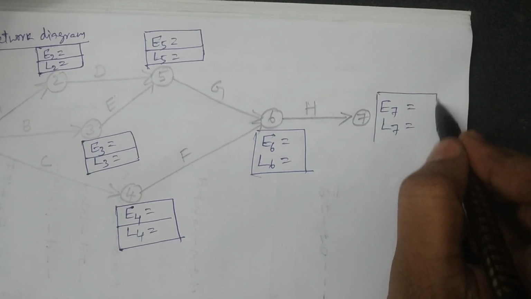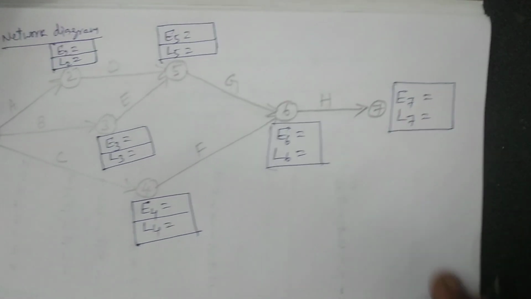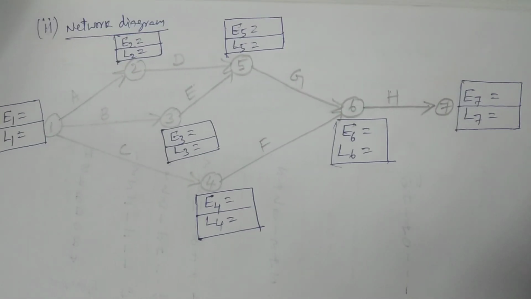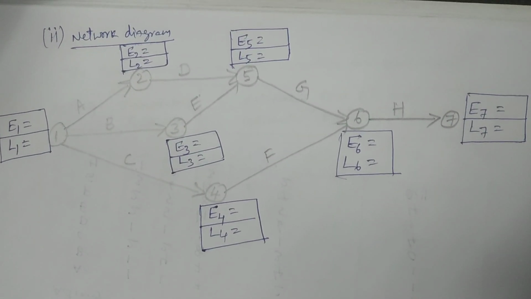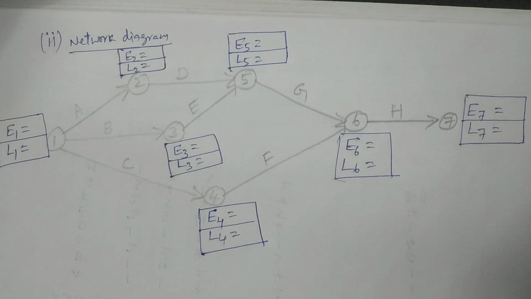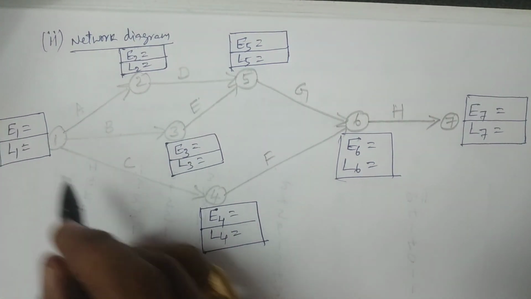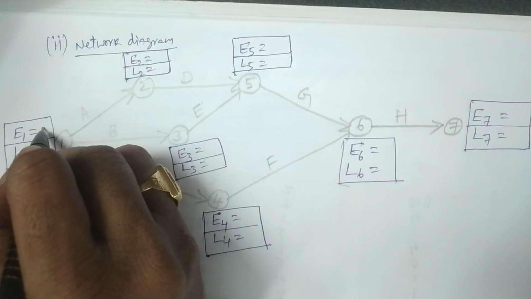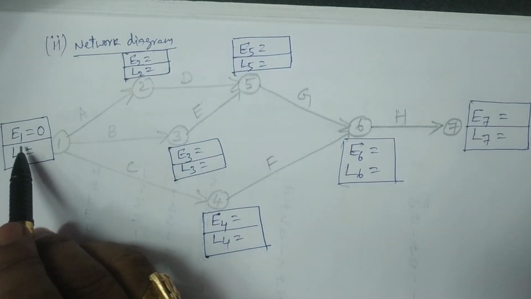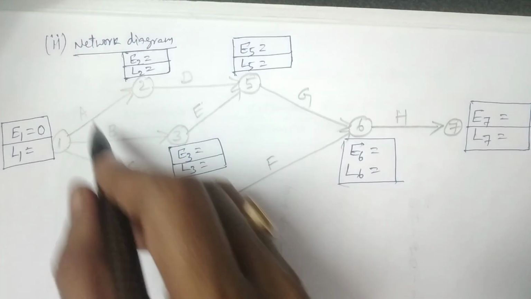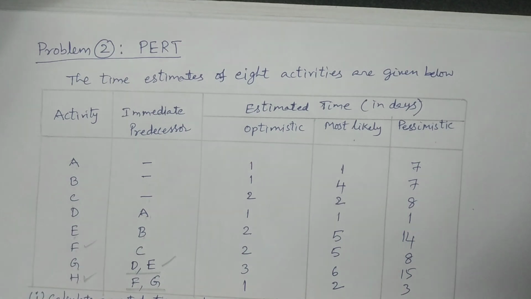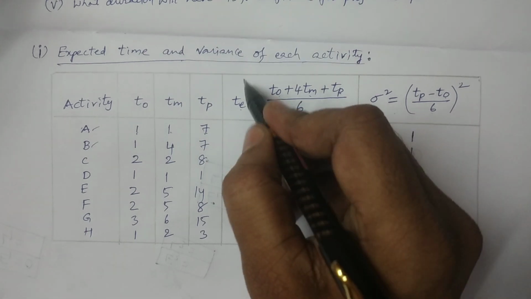So now I start the forward pass calculations, by which I calculate the earliest times, the Es. Simply by adding the values of E with Dij, we can calculate the values. I am considering E1 equal to 0, and what you have to write are the time durations, the expected times TE.